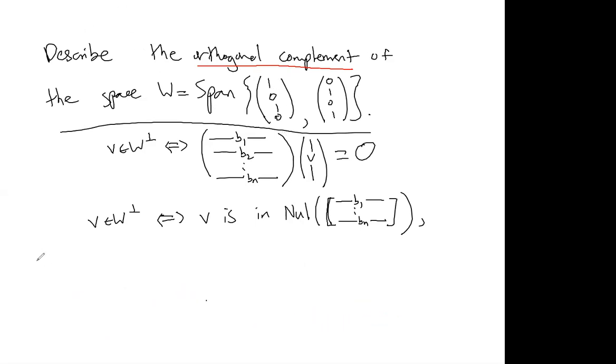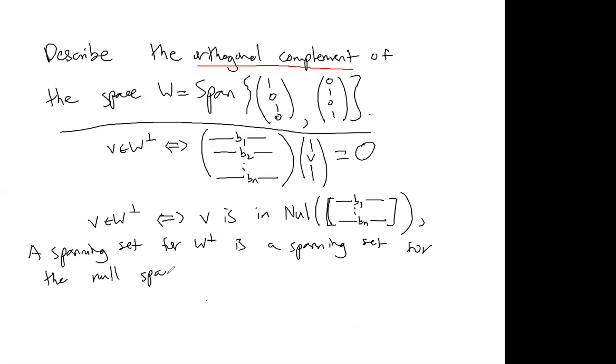So a spanning set for W perp is a spanning set for the null space of the matrix [1, 0, 1, 0; 0, 1, 0, 1].